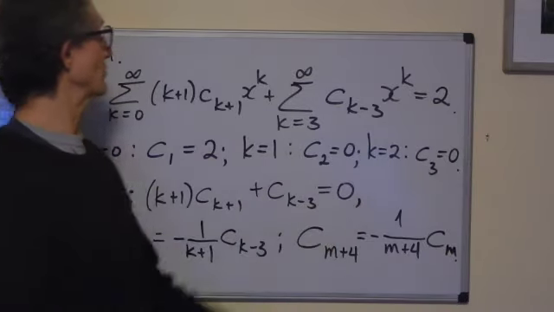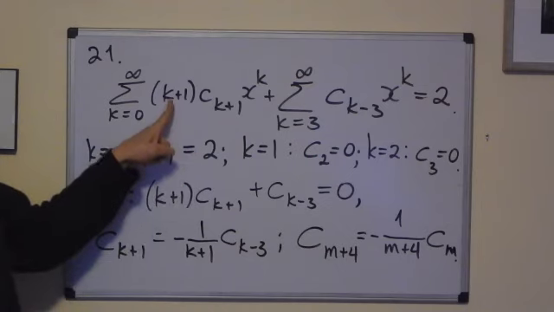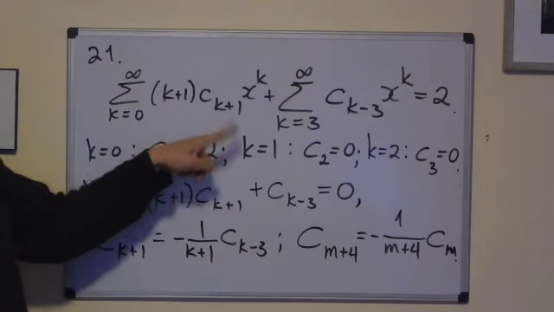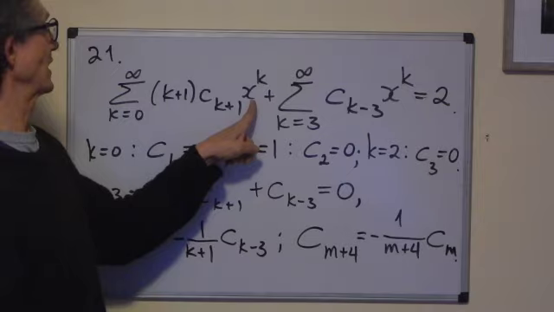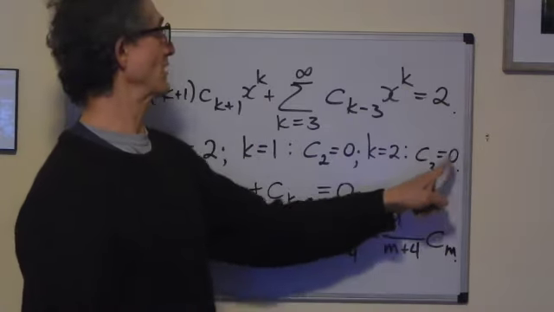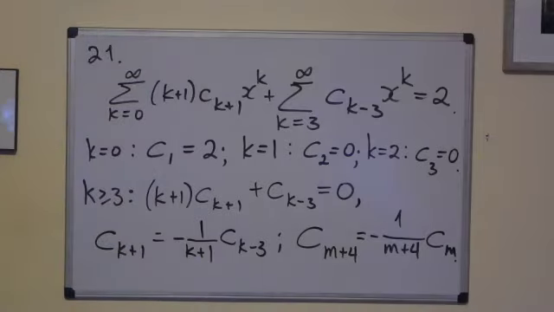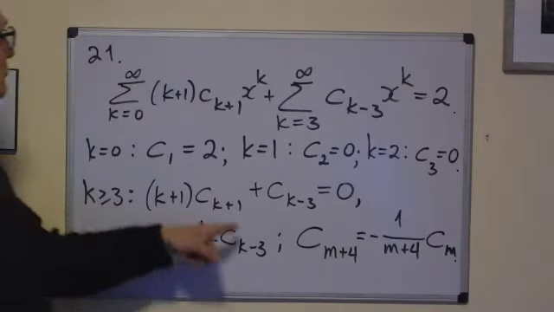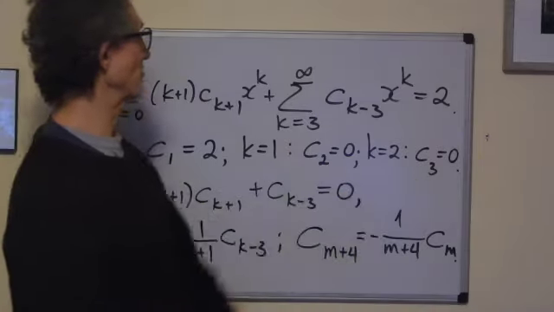When we look at k equal to 2, on the left we have 3 c3 times x squared, and on the right, of course, we have no x squared, so that's 0 as well. And so we found that c1 is 2, c2 is 0, c3 is 0.